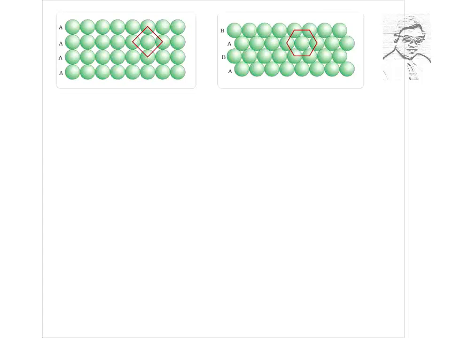Left was square close packing, right was hexagonal close packing. And efficiency is more in hexagonal. And that's exactly what we have done in this problem. Hexagonal packing we have done in 2 dimensions here.